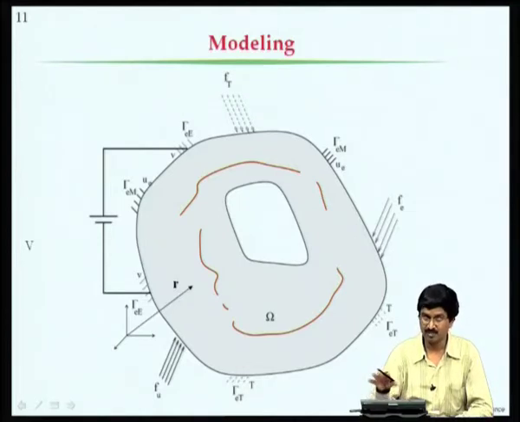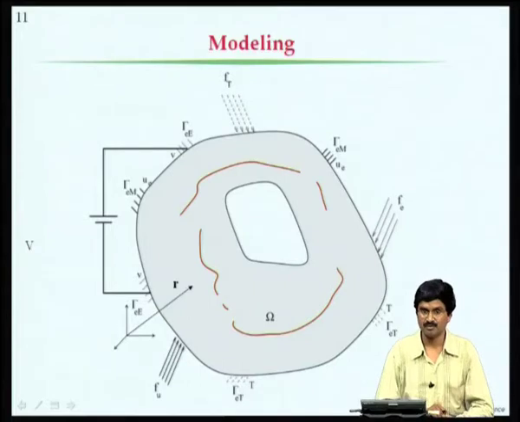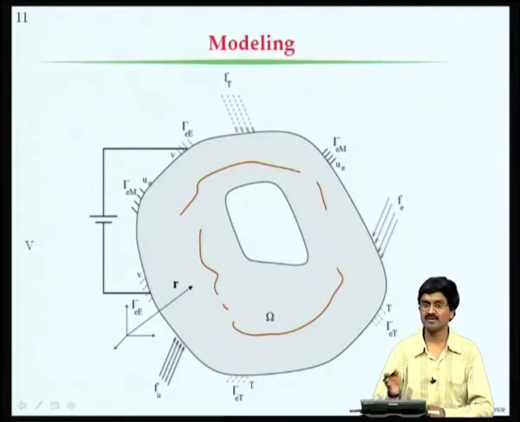You can have different types of boundary conditions thermally, and then you can have the elastic problem where you can have mechanical forces of whatever kind, and also thermal loads, if there are any, which can also be included. With all those things, if you want to model such a structure, what do we do? In fact, we did not talk about the modeling of the simple thermal actuator itself, but if you take a general situation, what do we do?